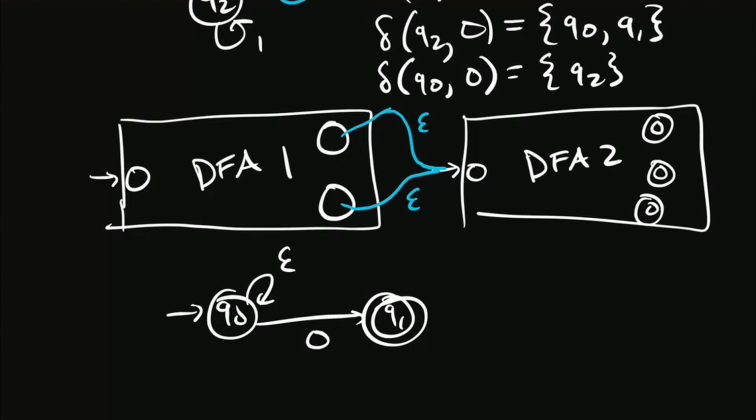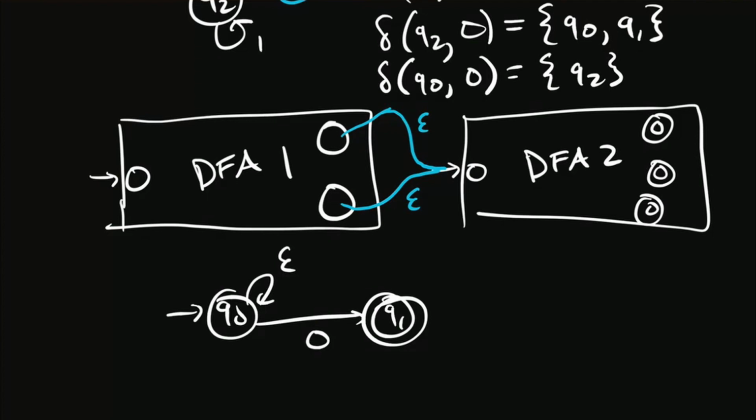How many computations are there on input 0, just a single 0? Ooh, way more than 1. Infinite. Why? Right, I can just do the epsilon transition as many times as I like, and then at some point later do the 0. You may think that's kind of dumb, but am I allowed to do that? Yeah. What about the number of computations on input 0, 0?